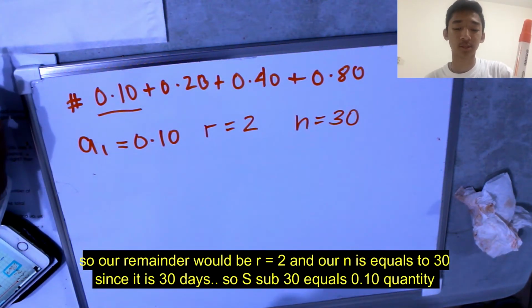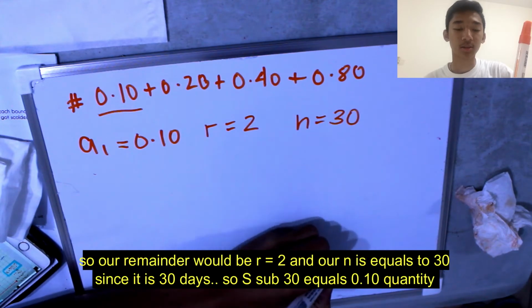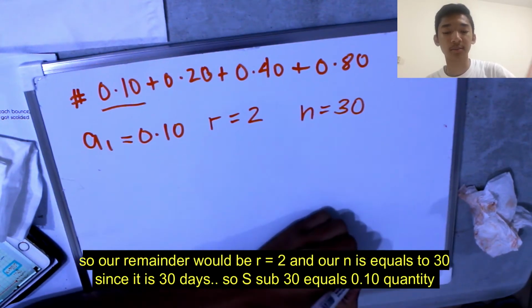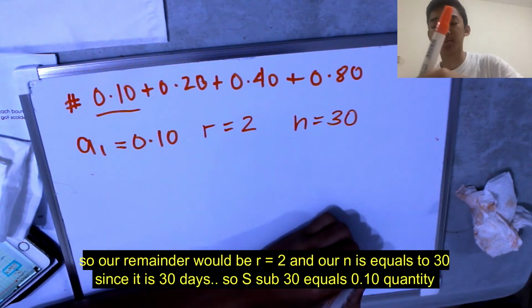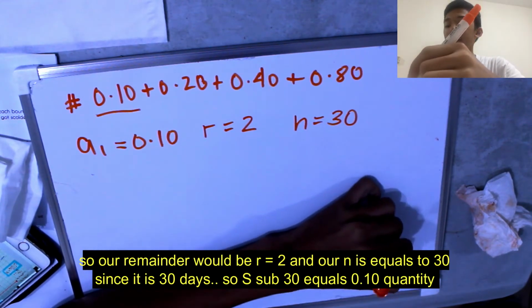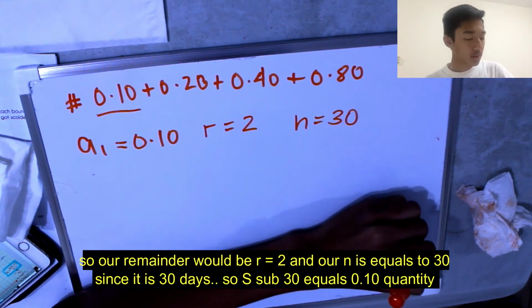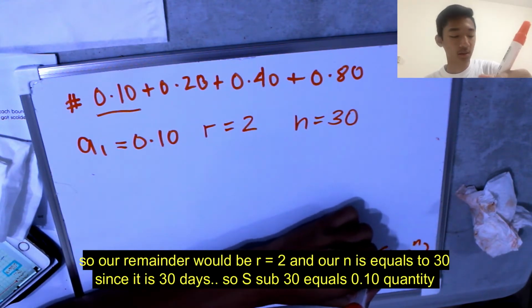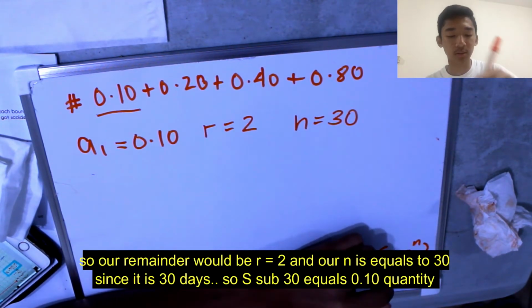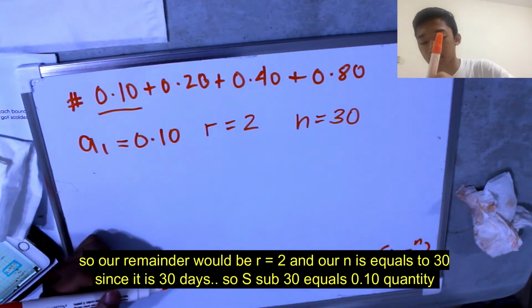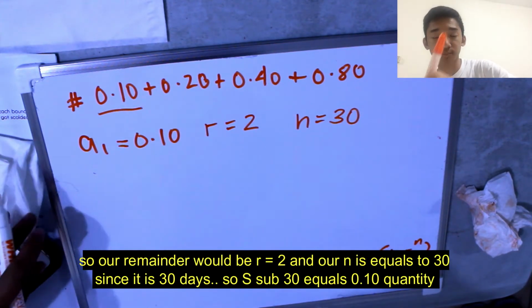So our formula is S sub n equals A sub 1 quantity 1 minus R raised to n, quantity, all over 1 minus R. There we go. So we have to substitute all of that into the equation.